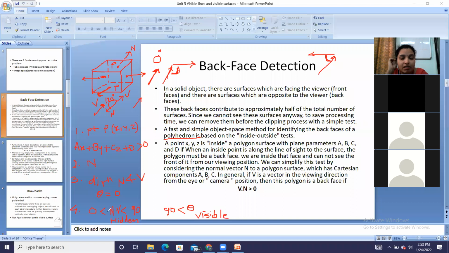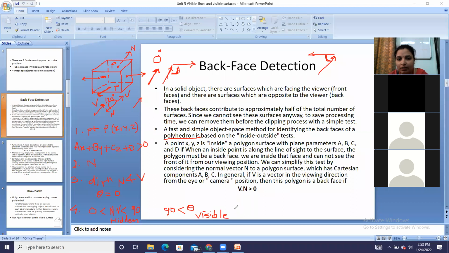It is totally based upon the viewing vector V and N normal vector. So it is taking two things into consideration, the normal vector and viewing vector and the angle between these two. So if the angle between these two is in between 0 to 90, then the surface is hidden, and if the angle is more than 90 degree, then it becomes visible.